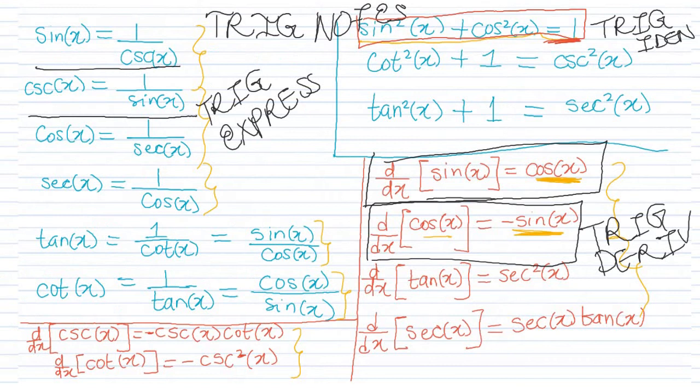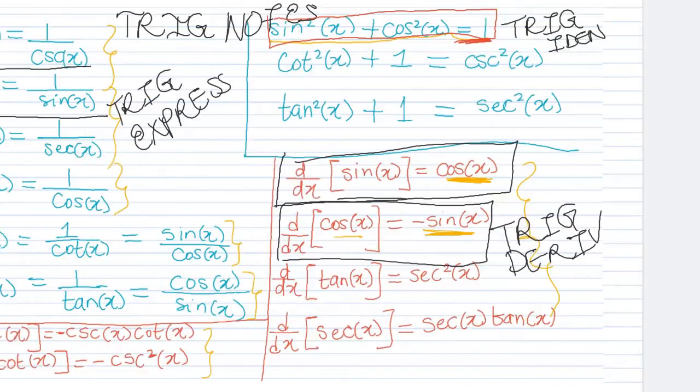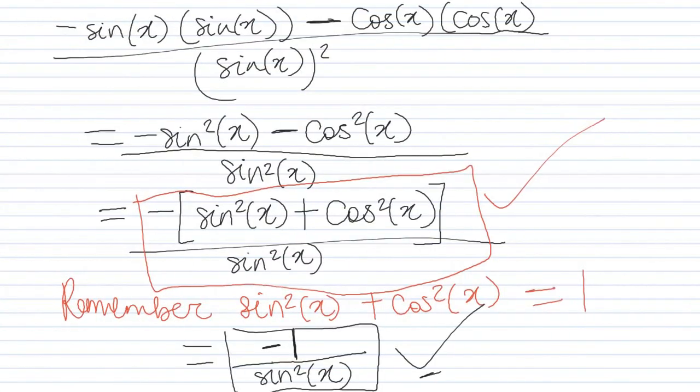So in the trig expression, we have sin x equals 1 over cosecant x. That doesn't really help us much. But then we have cosecant x equals 1 over sin x. Oh my gosh. Well, we have 1 over sine squared x. So what are we supposed to do? Well, sine squared x is the same thing as saying sine x multiplied by sine x.